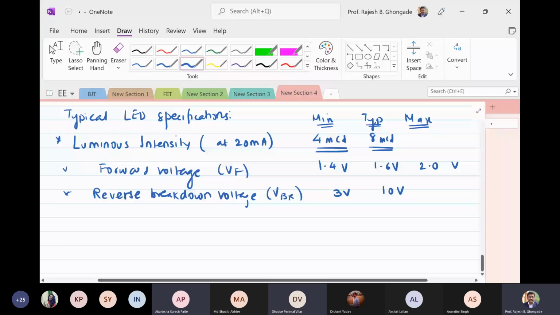See, whenever you have a manufacturing process, there are variations.